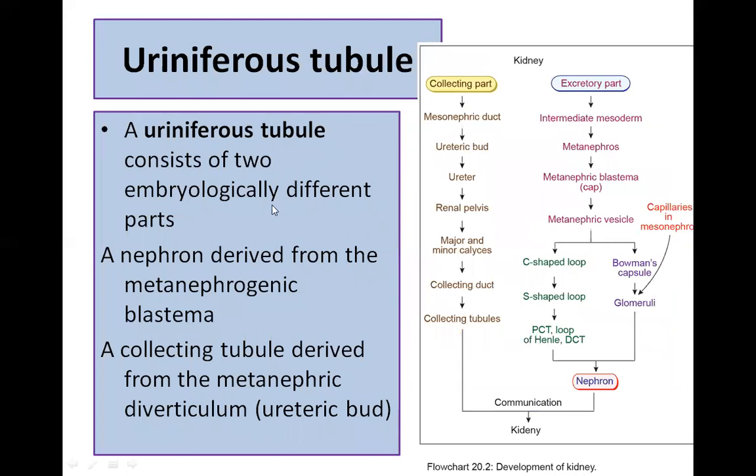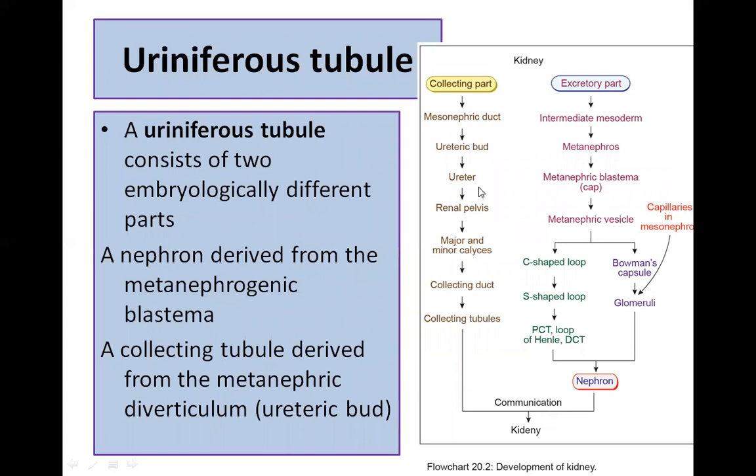So, a uriniferous tubule, we have seen, is embryologically having two parts. One is derived from the metanephric blastema, another one is the collecting tubule derived from the ureteric bud. So, the ureteric bud will form the collecting part, which is derived from the mesonephric duct.